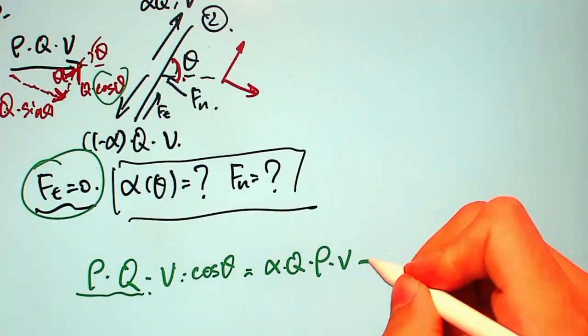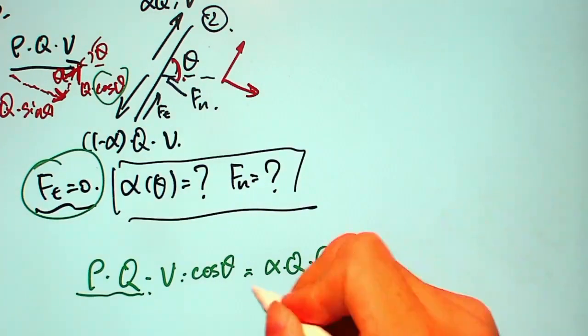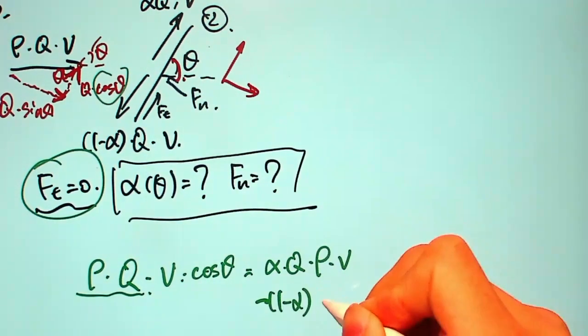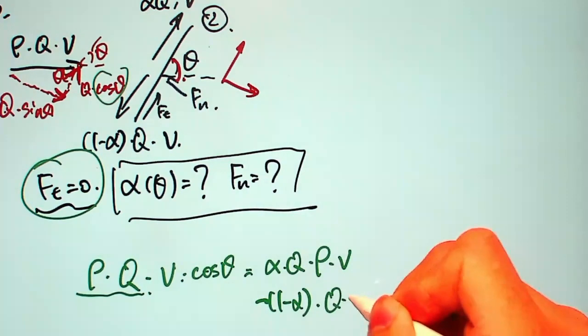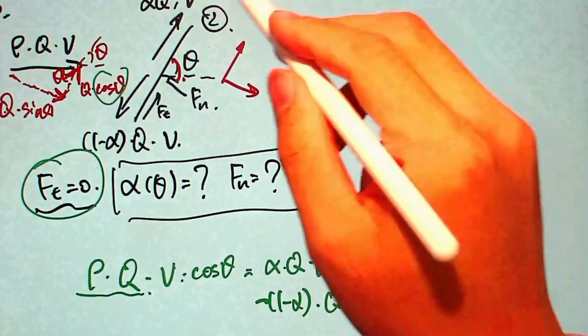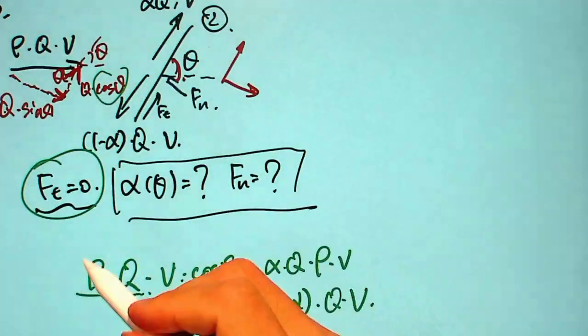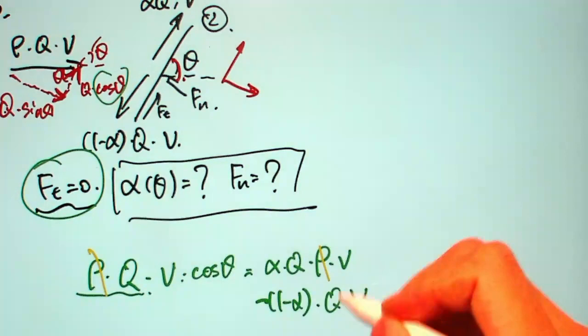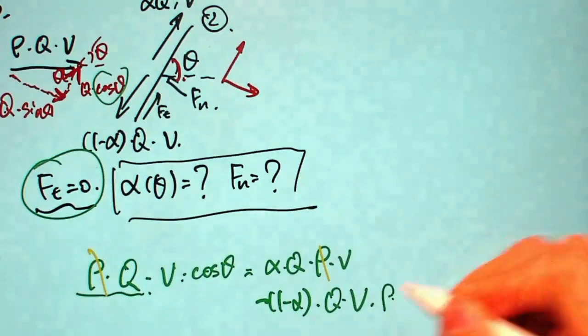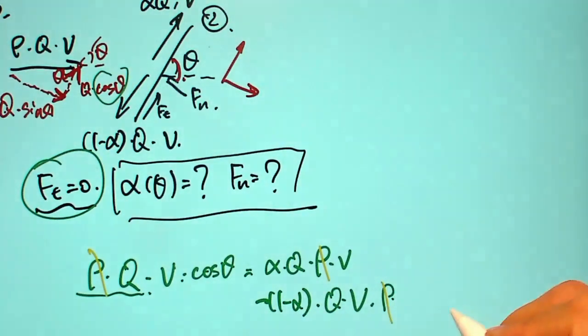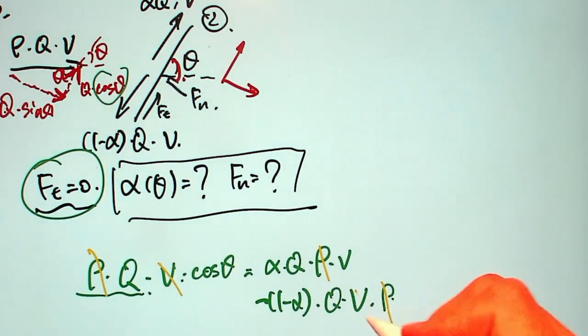So that is minus 1 minus alpha times q times v. Right, so here we have the density. Oh, sorry, I forgot the density here. So first we have density cancelled. We also have volume cancelled.